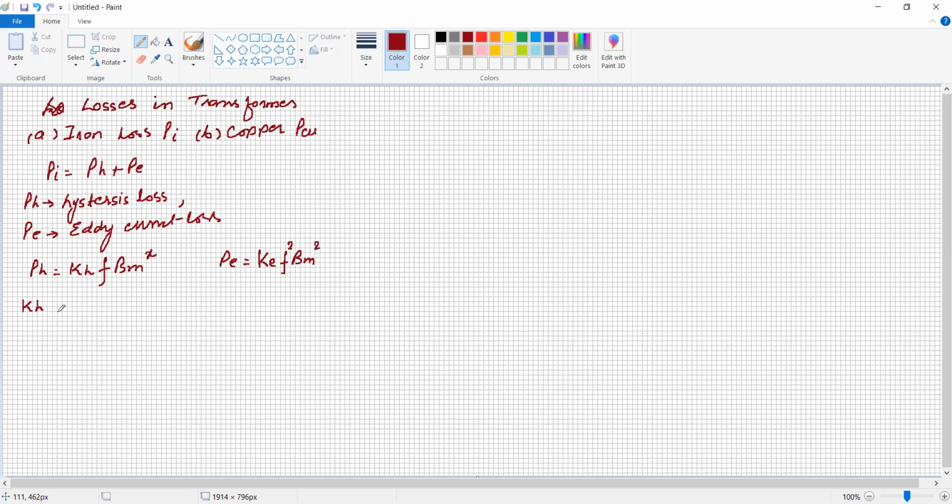KH is the proportionality constant, which depends upon the volume and quality of magnetic material, whereas KE is the proportionality constant whose value depends upon the volume of magnetic material, resistivity of magnetic material, and thickness.